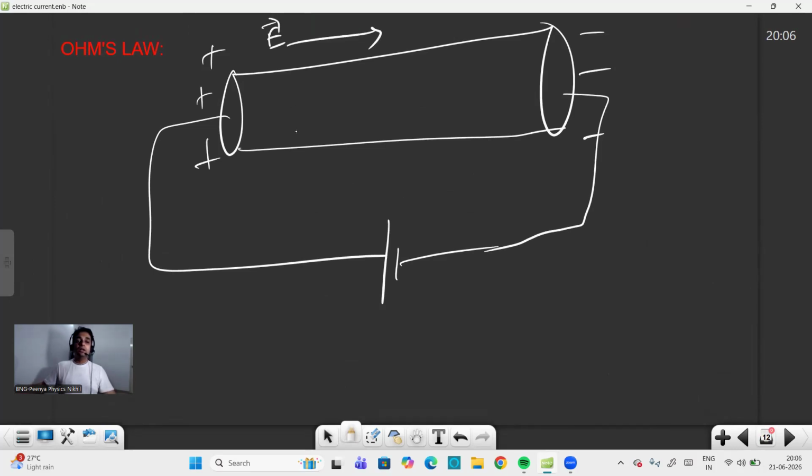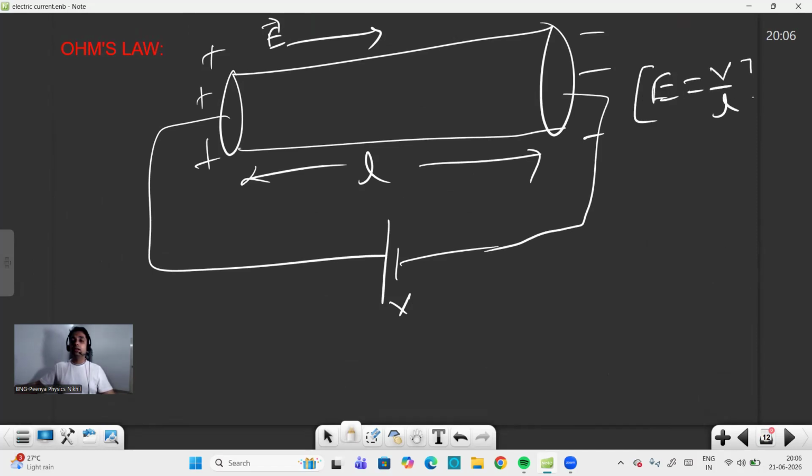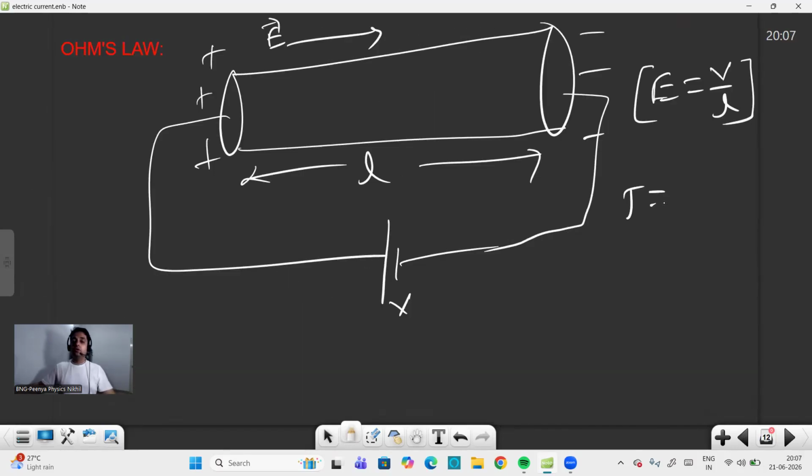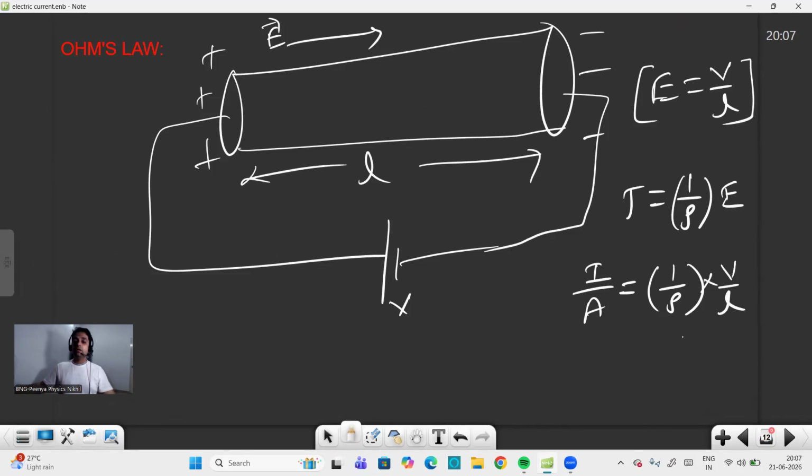The length of the conductor is L, and the potential difference across it is V. So E equals V by L. We know J equals 1 by rho E, and J equals I by A, with E equal to V by L.